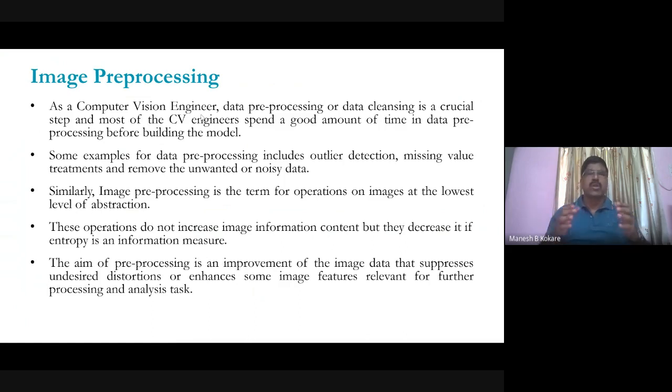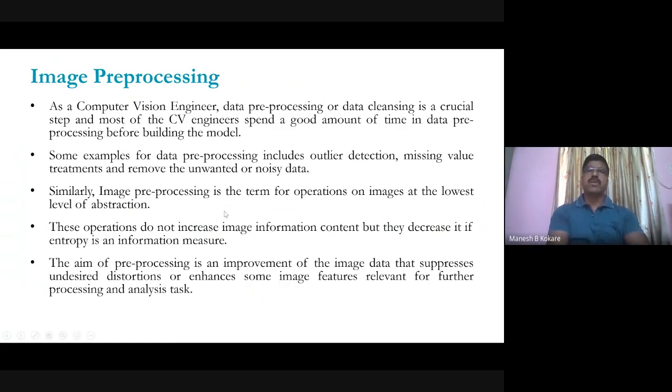This is the building block, a basic step which is highly required in any computer vision application. Some examples of data pre-processing include outlier detection, missing value treatment, removing unwanted things, removing noise, and so on. These are the pre-processing steps, or low-level computer vision techniques.